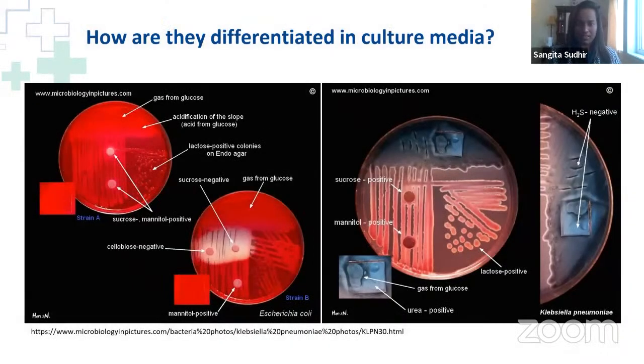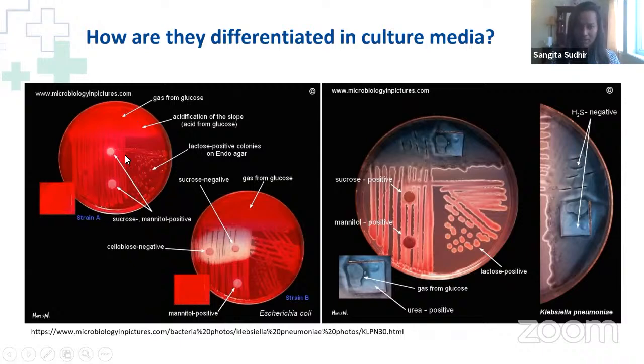So let's discuss these cultures. As you can see here, there is gas production. As I already told you, both of these Enterobacteriaceae, Klebsiella and E. coli, are carbohydrate fermenters. They have the ability to produce acid and gas.